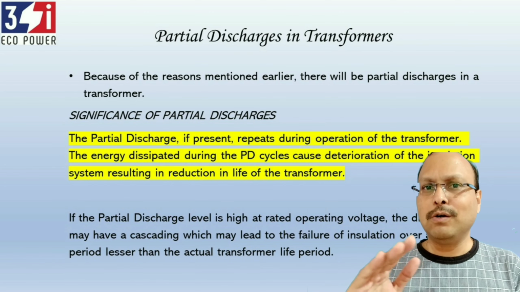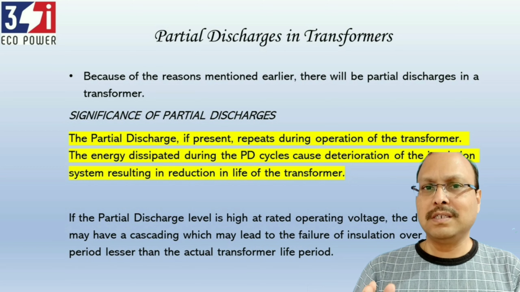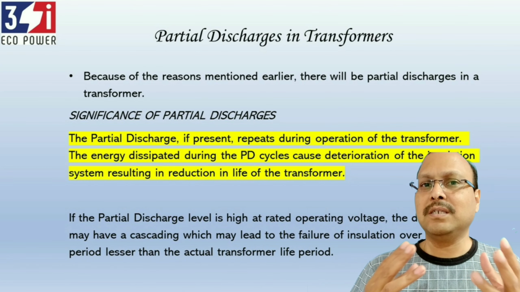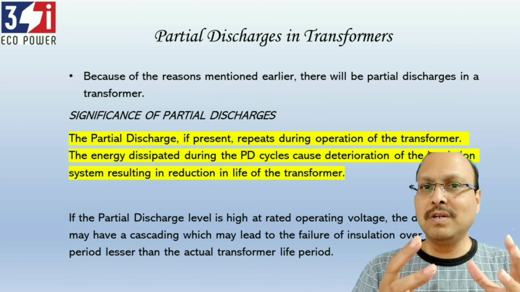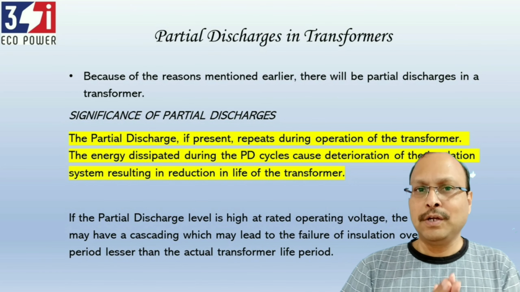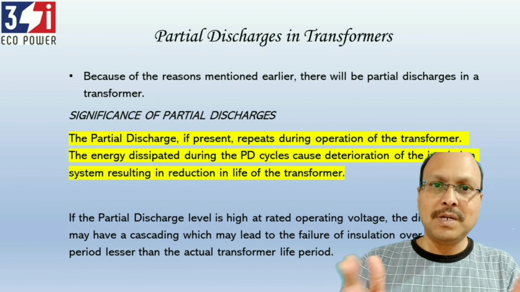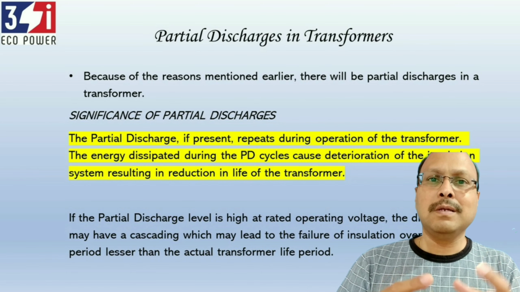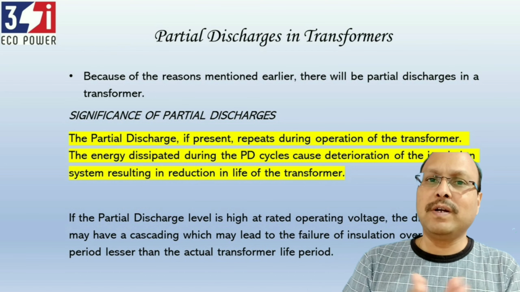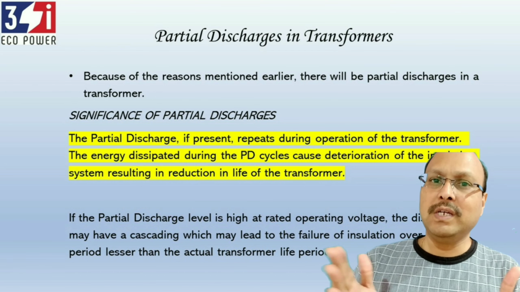This wearing out of the insulation system is more if the partial discharges are more. That means if the transformer insulation system is not properly designed or properly cured, or the transformer is not manufactured properly, these partial discharges are bound to happen. The life of a transformer in general terms is 25 years.